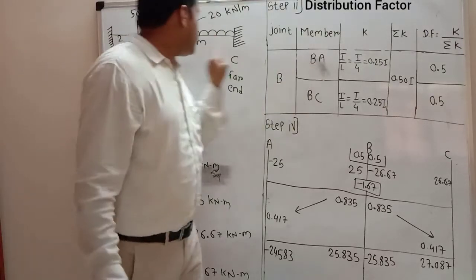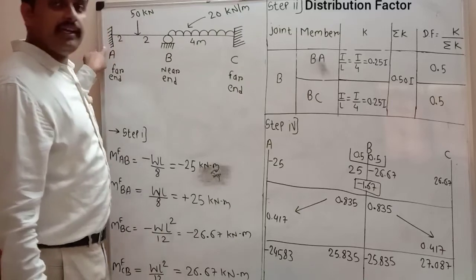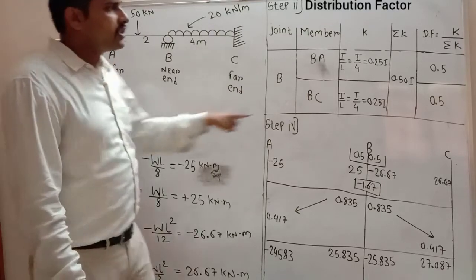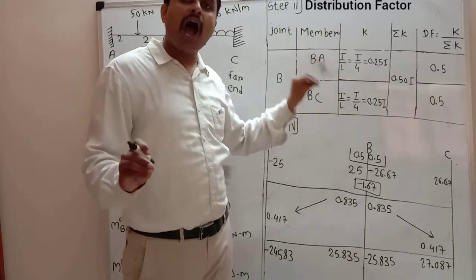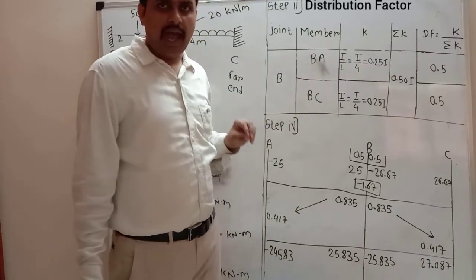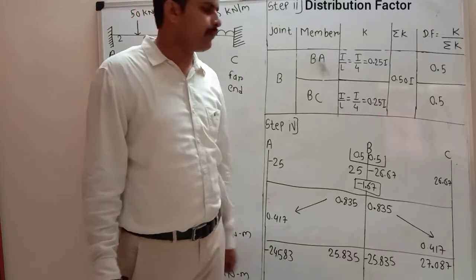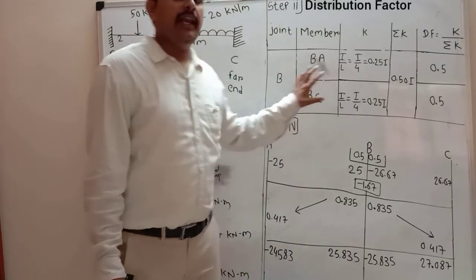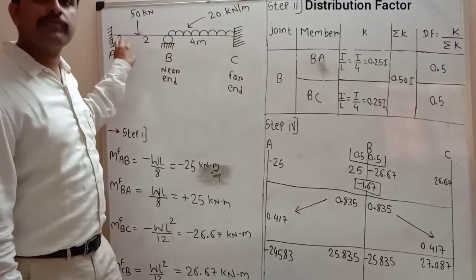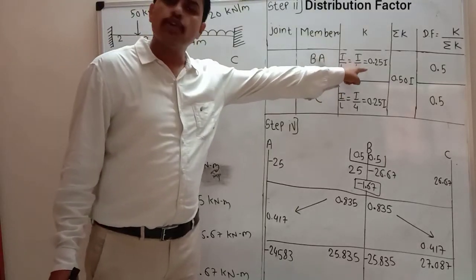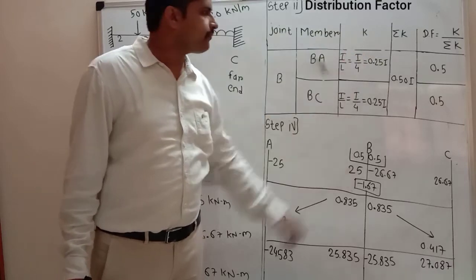So for BA, the far end is a fixed support. So the stiffness factor will be I upon L, as I have already mentioned in the previous lecture. L is nothing but the length of span AB. So I upon 4, it will be 0.25 I.